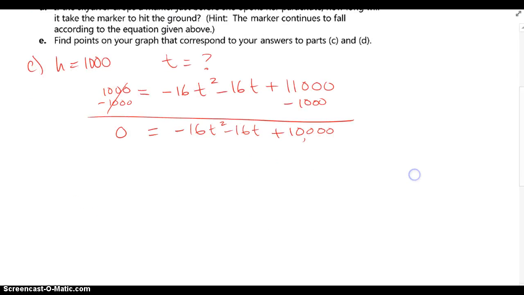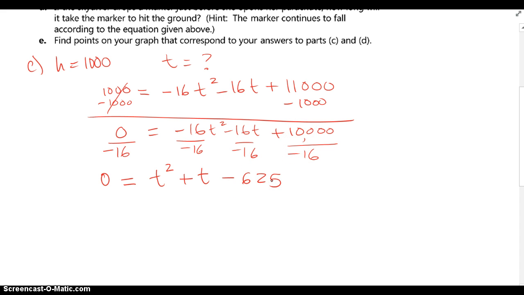Now I don't like the negative leading coefficient, and I know they're all divisible by 16, so I'm just going to divide everybody by a negative 16. Remember, every single item has to be divided by the same number. Left side still stays as 0. I get a positive t squared, a positive t, and positive divided by a negative is a negative 625.